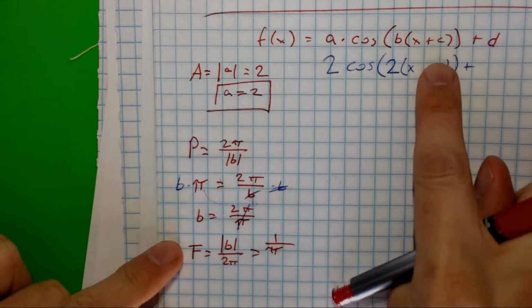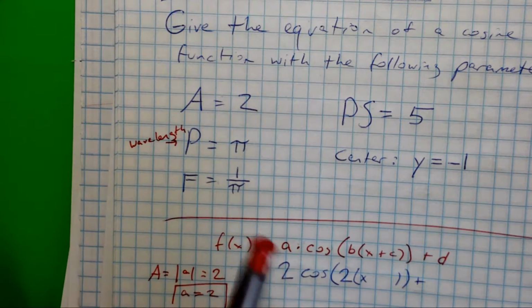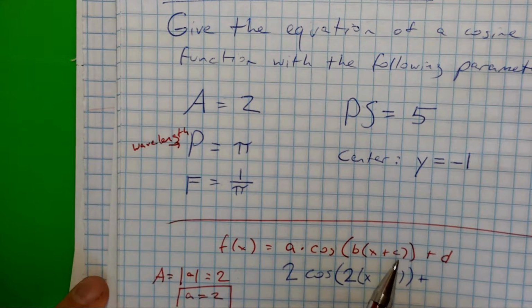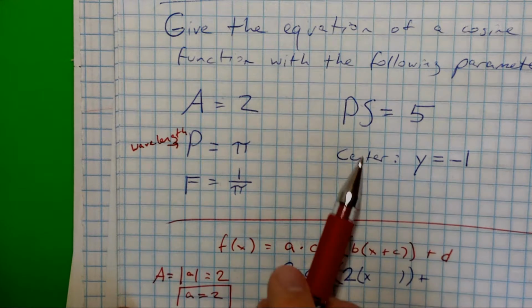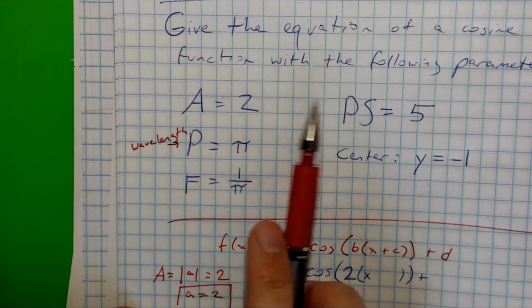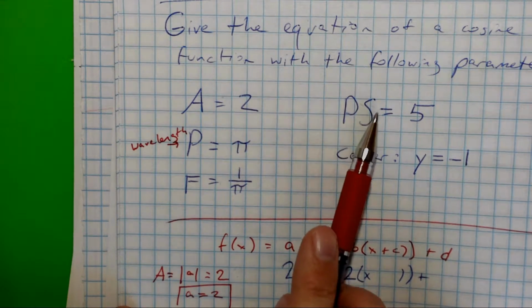To find c, which of these parameters do I need to look at? And by the way, C would be what kind of transformation? Yeah, left to right shift. So which one of these parameters does that? Yeah, the phase shift. It's just a horizontal shift.